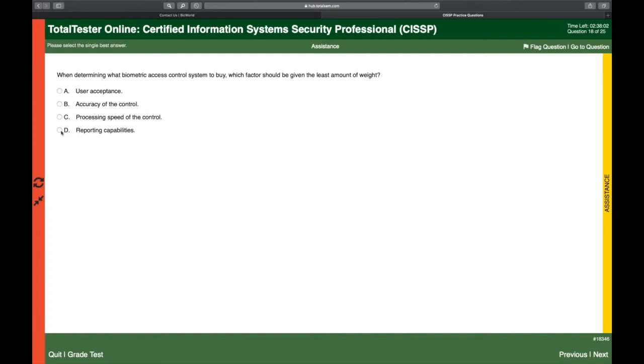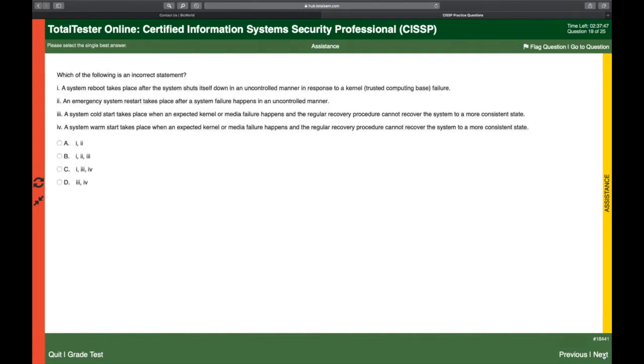Yeah, I think I agree with that. Reporting capabilities, not usually something you want from a biometric system. It's going to have auditing capability, but not necessarily reporting. Number 19, which of the following is an incorrect statement?